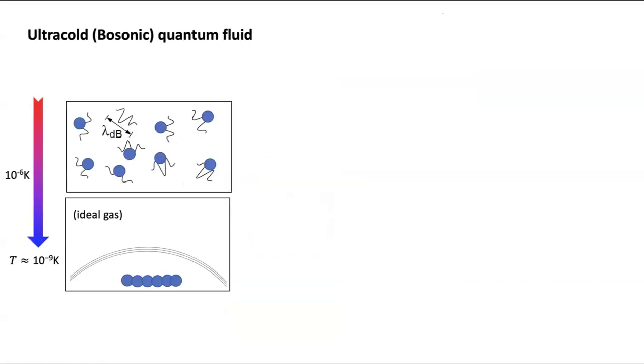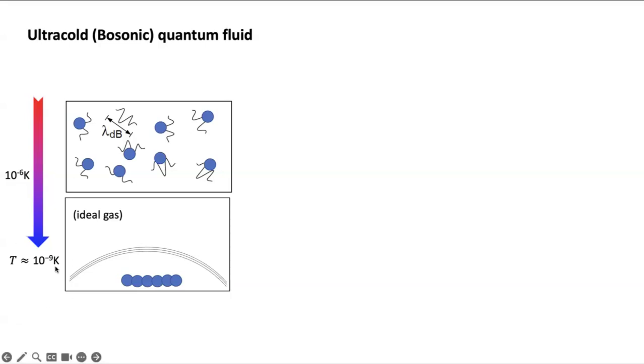Okay, and to give you a better idea of what quantumness means, it means that at around microkelvin temperature, the wave nature of particles starts to appear. Here you are seeing the de Broglie wavelength, roughly, starting to get larger, but still small compared to the interparticle separation.